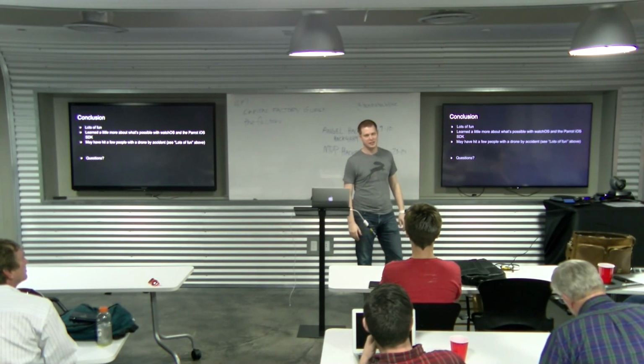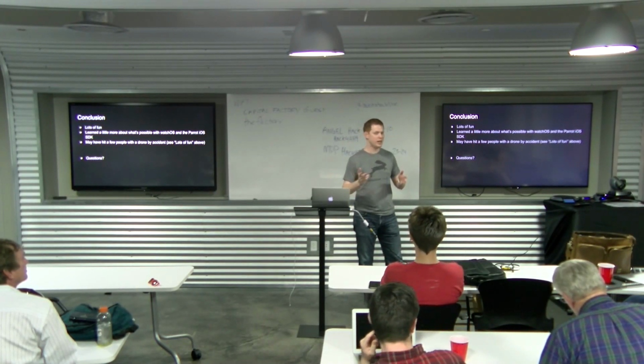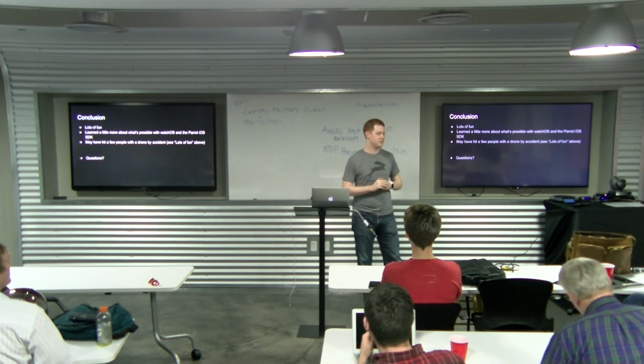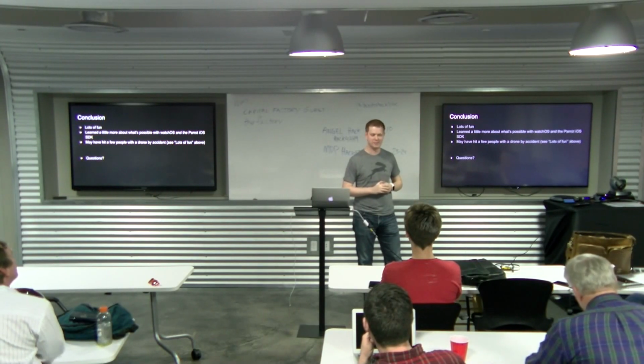Best I can tell, I'm not actually sure that Apple intended for this. They don't want long running. I don't think this is the intended behavior, so we may be taking advantage of a bug.